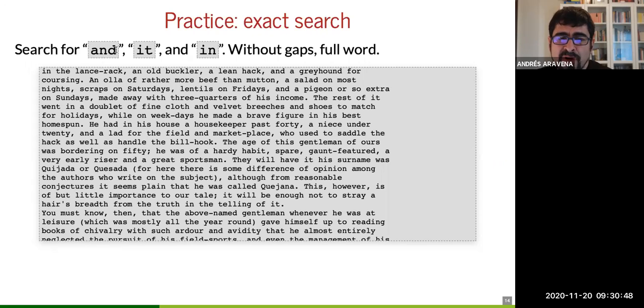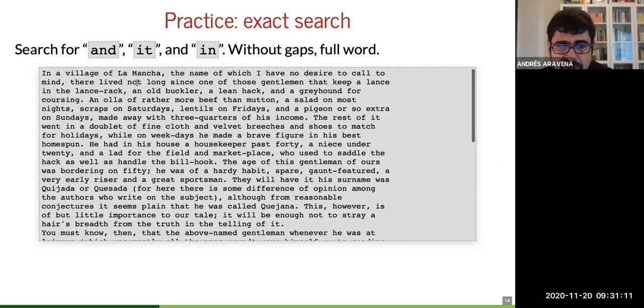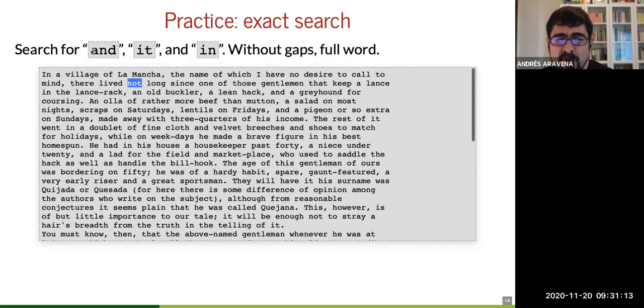I mean, looking for "and" is harder than looking for "it." And looking for "it" is as difficult as looking for another two-letter word, in the sense that this has two letters, this has two letters, and this has three letters. So when I have three letters, I have to compare three letters to whatever I have in the subject. For example, if the subject is "not," I have to compare every one of the letters.